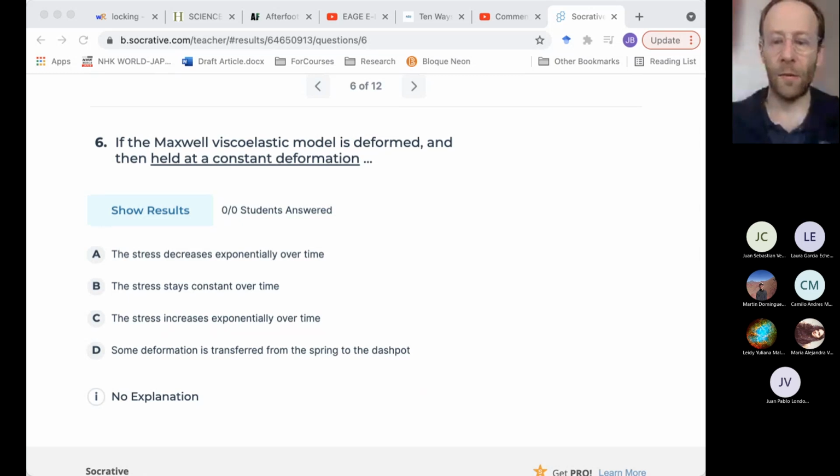So you take it to a specific deformation and hold this deformation constant. So what's going to happen for this model? And here also, I think there is more than one correct answer.